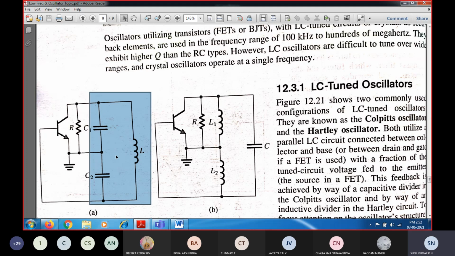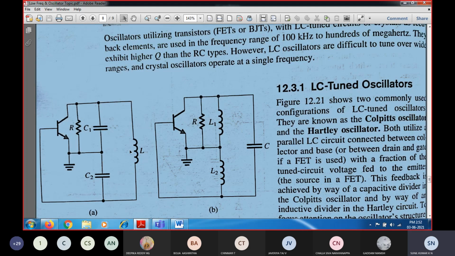Here you can see Z1 and Z2 are made up of inductors, and here they are made up of the same capacitors, C1 and C2. The third impedance Z3 will normally be the opposite type. So if Z1 and Z2 are capacitors, then Z3 will be an inductor.